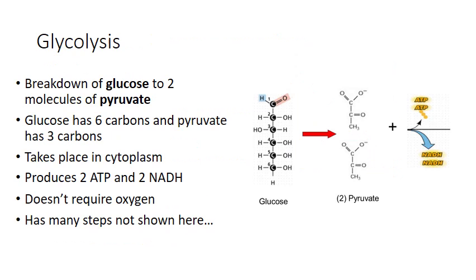Great. Okay, glycolysis. So again, in glycolysis we're breaking down a 6 carbon molecule in the form of glucose into 2 3 carbon molecules, and in the process we're making some ATP and some NADH. This doesn't require any oxygen. It's taking place in the cytoplasm, which is outside of the mitochondria, and it has a lot of extra steps that aren't shown here.